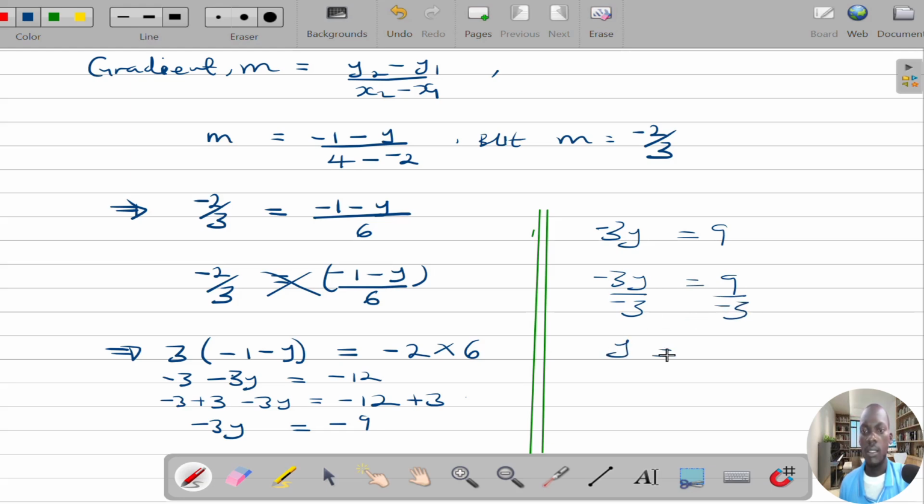Our y is equal to, positive divided by a negative, we get a negative answer. And this one becomes 3. Therefore, the value of y is -3. And that one becomes our right answer.